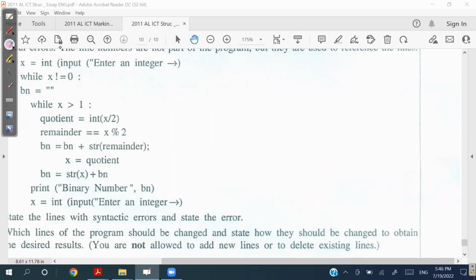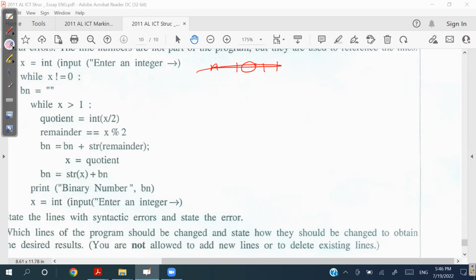Okay. So let's think that we are going to enter 11, right? Which is going to be the answer 1 0 1 1, right?